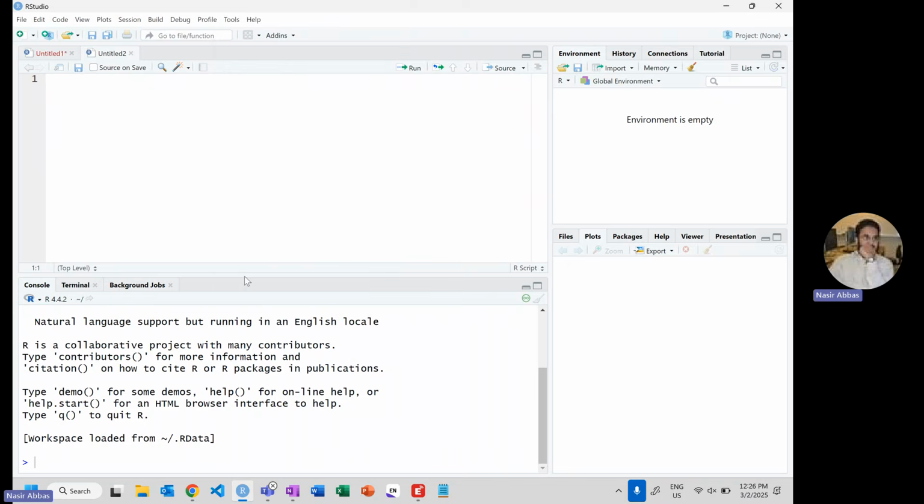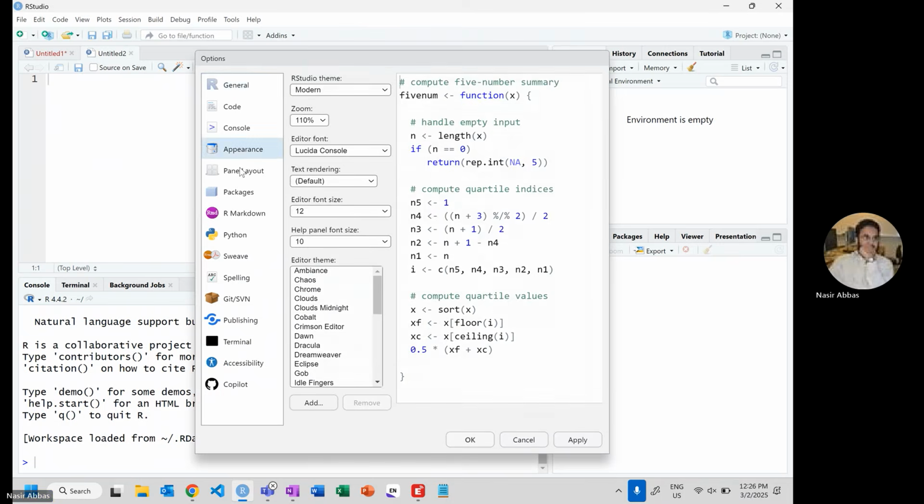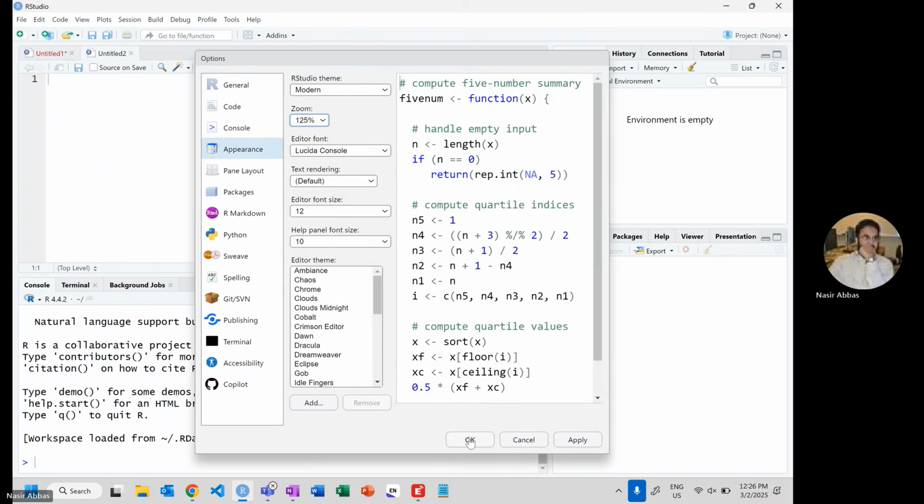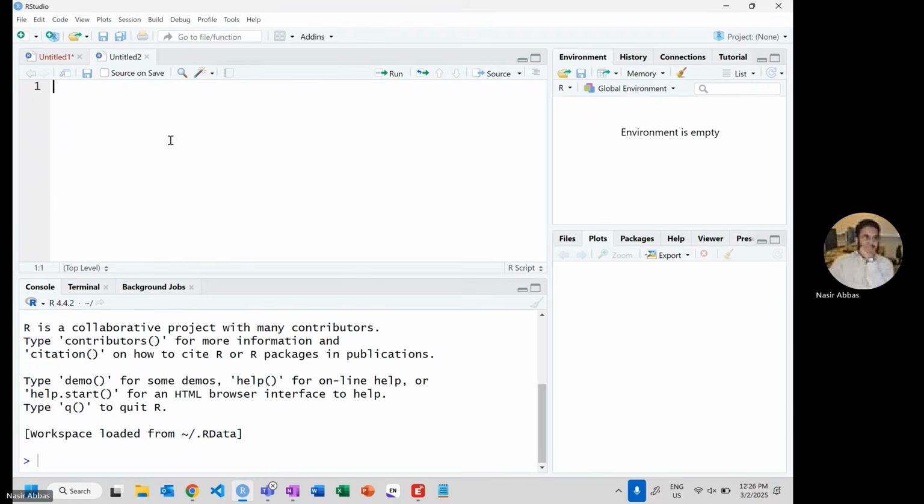Is the font size visible or no? Now, okay, I will first generate some values of X, and I will fix my sample size to be, let's say, 10.